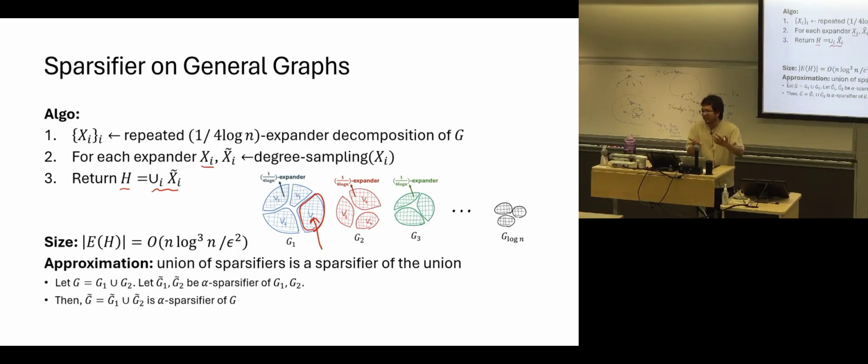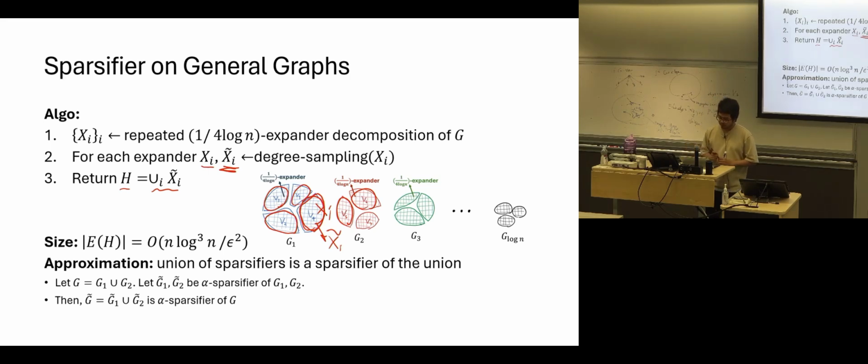This is a Xi. Then we just sparsify Xi to get Xi tilde. Sparsify each of these, and then just take the union of all the Xi tilde. Is the algorithm clear?